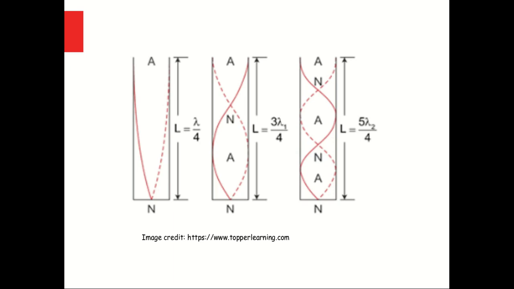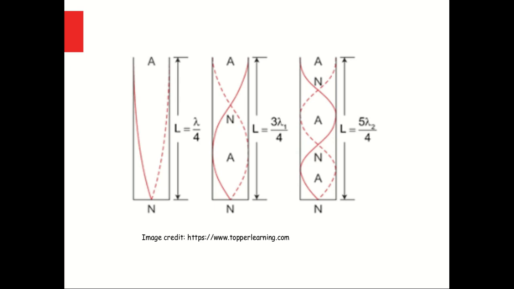But in the clarinet, the ratio of successive harmonics is 1:3:5:7, and so on. So we can say not all harmonics are present in the clarinet. So the sound coming from the clarinet is not as melodious as that of the flute.